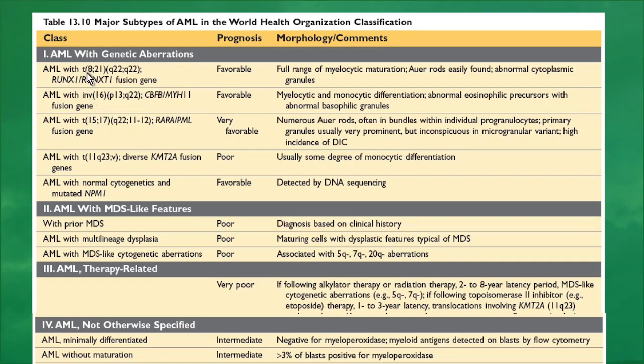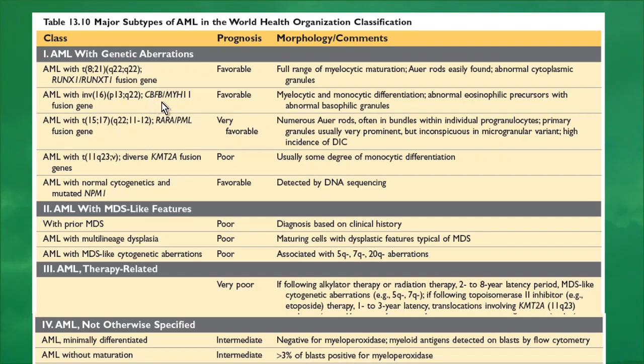First one, as we saw earlier, is translocation 8;21, the RUNX1-RUNX1T1 fusion gene. It has a good prognosis. They produce the full range of myelocytic maturation. Now AML with inversion 16, again the same one.